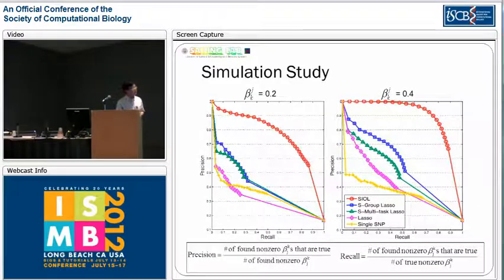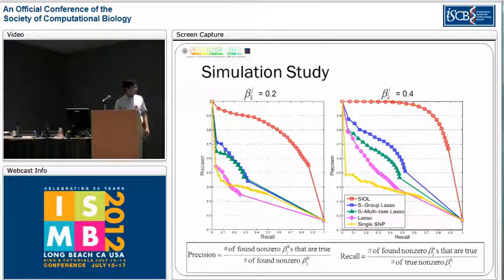And this is the result of our simulations. This is the precision recall curves when the true association strength was 0.2, and this is the precision recall curves when true association strength was 0.4.